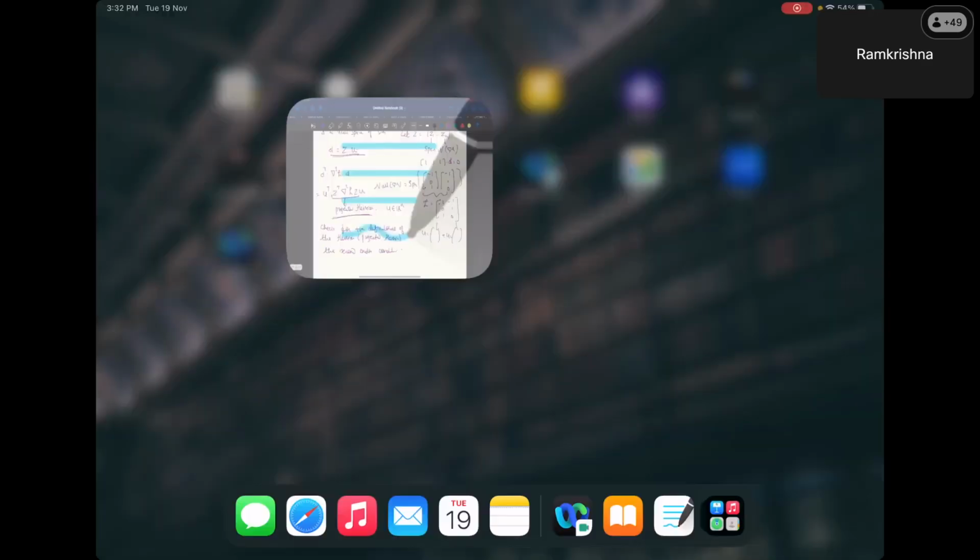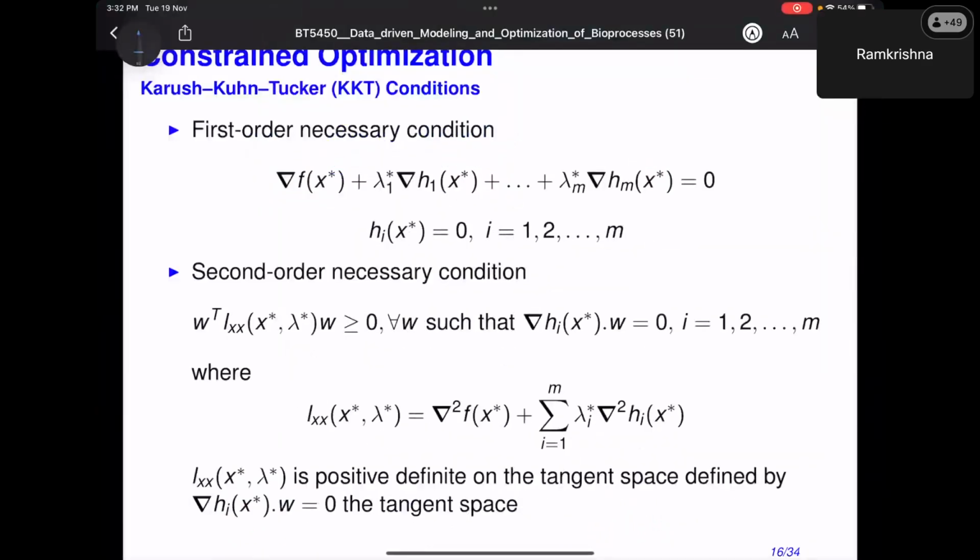So to summarize, this was the first order necessary condition, and the second order necessary condition comes from something like this. This Lxx here would be just the gradient of my Lagrangian with respect to x. Again these w's come from any vector in the tangent space.